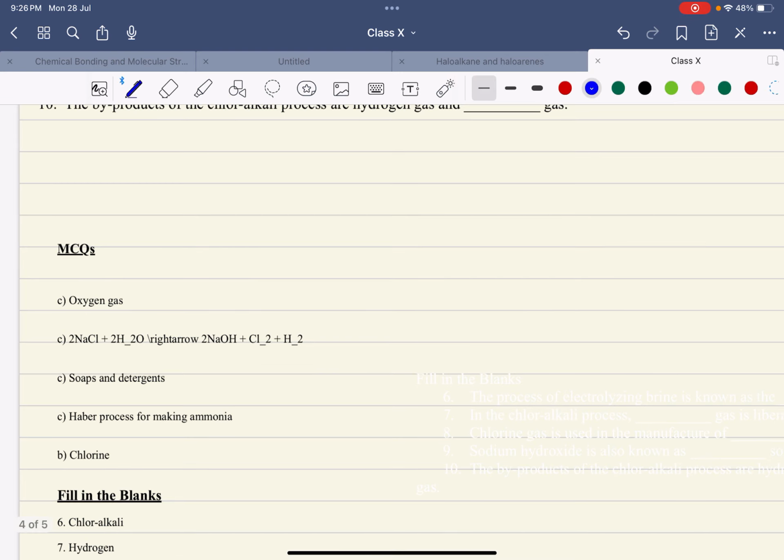In this case, write the reaction like this: 2NaCl plus 2H2O gives 2NaOH, sodium hydroxide, plus Cl2 plus H2. This is the chloralkali process. Second is soap and detergent.